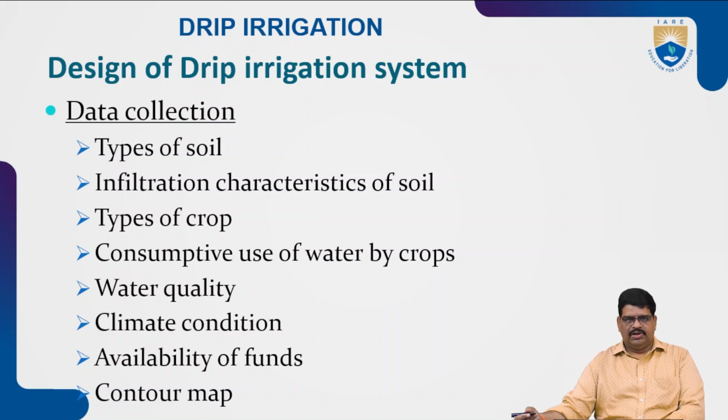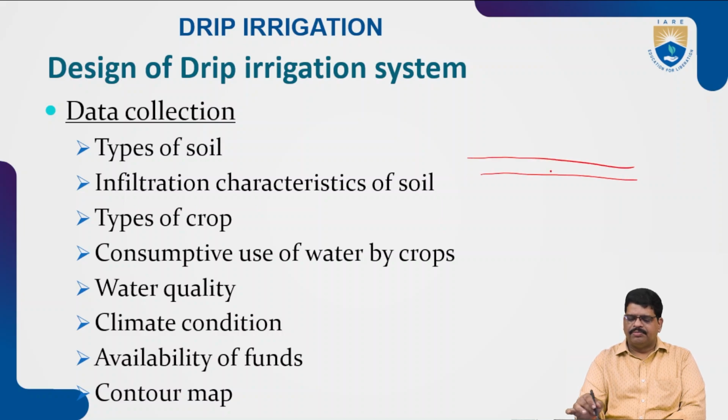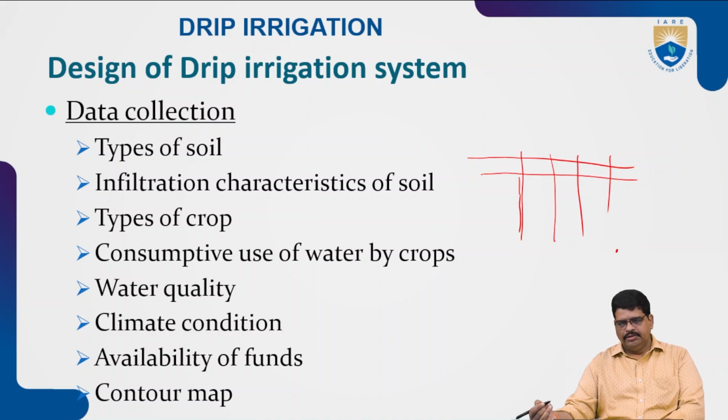Next, the infiltration characteristics of the soil. Based on the soil, water infiltrates from the top to the bottom and to the sides, slowly. Infiltration capacity is higher in sandy soil, and clay soils have lower infiltration capacity because the minute particles are packed tightly together.